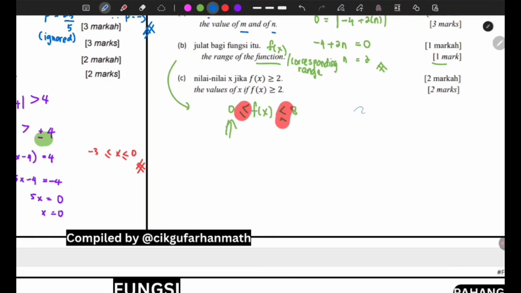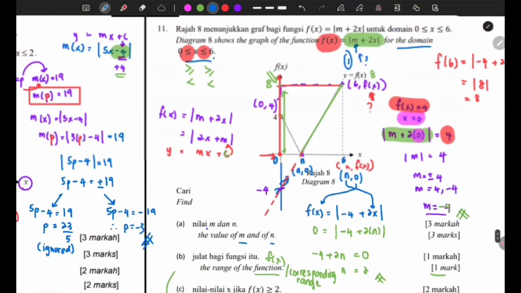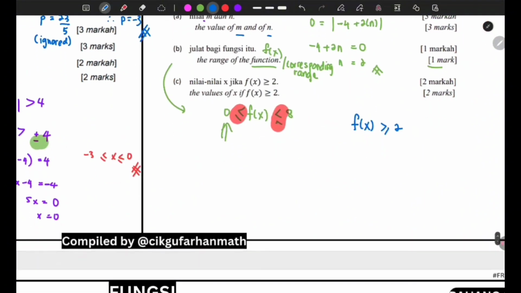So now your fx is more than or equal to 2. What's your fx? This thing, modulus m plus 2x. But you know your m is -4, so replace with -4. This is more than or equal to 2. So now with the modulus, change that side, it becomes plus minus.